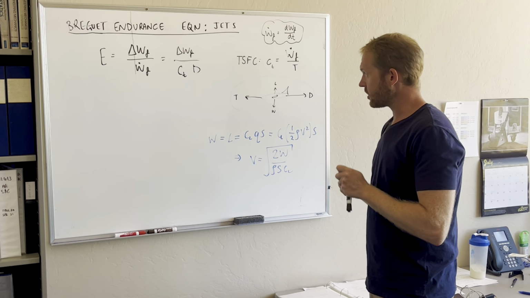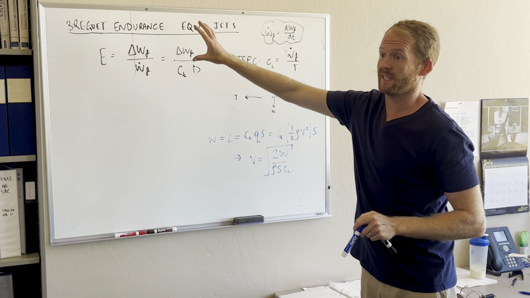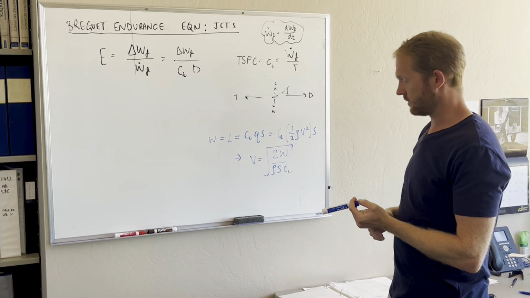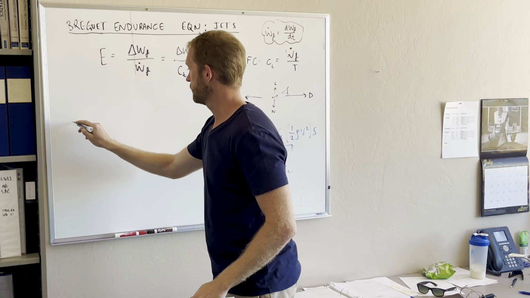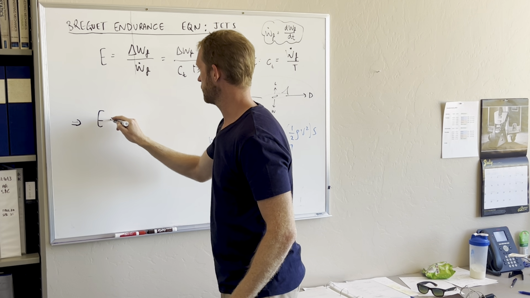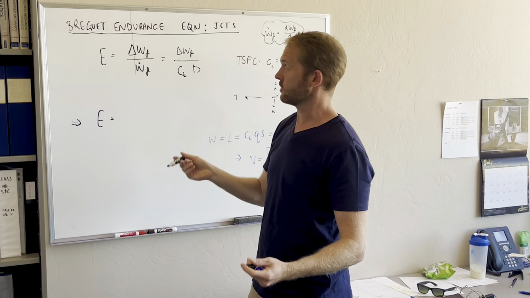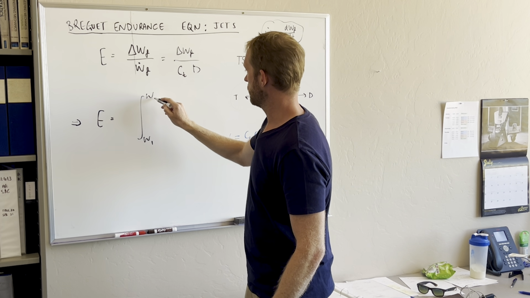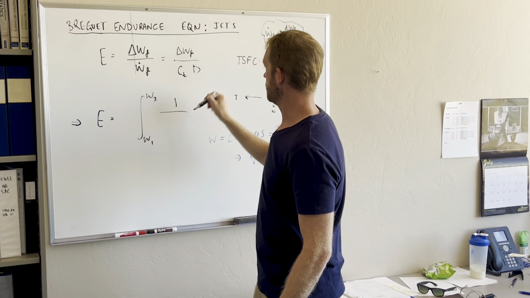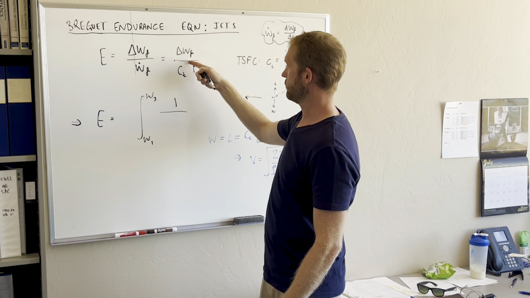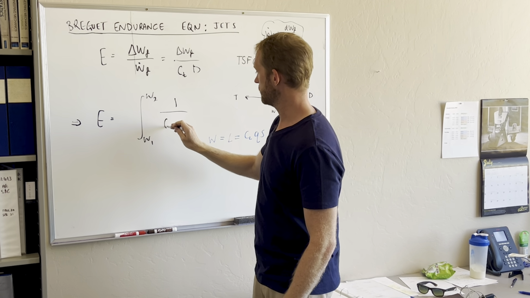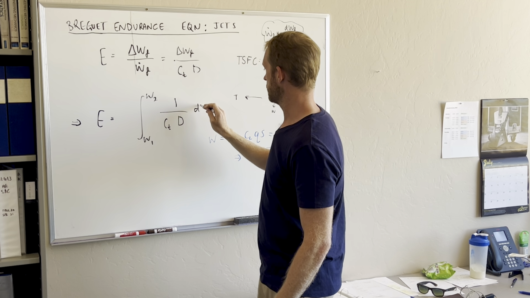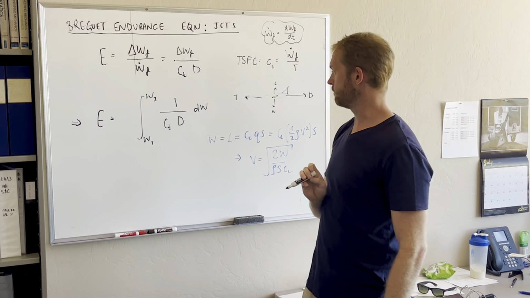So what we're going to do to extrapolate this into the Breguet method is say that endurance is equal to an integral. So instead of using this delta WF term in the numerator, we're just going to integrate this term with respect to W instead.